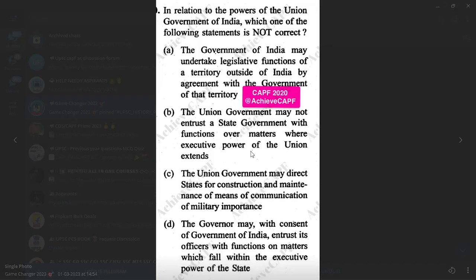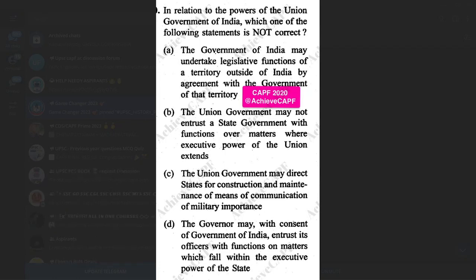In relation to the powers of the Indian government, which of the following statements is not correct? The government of India may undertake legislative functions of a territory outside India by agreement with the government of the territory.